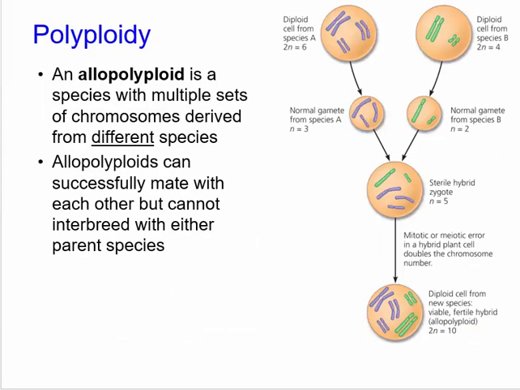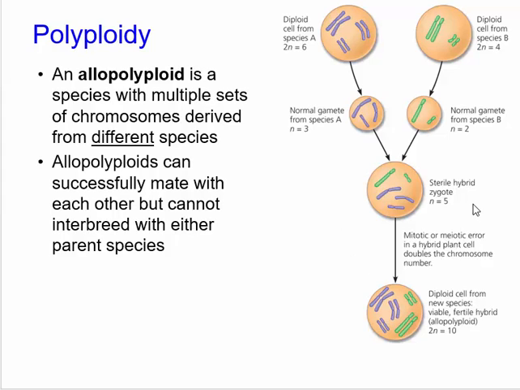Now, another way to get a polyploid is the example here where we have an allopolyploid. Remember, like allopatry, allo means different, right? So you're taking gametes from two different species, those fuse, creating a hybrid organism. As we see in the example here, these gametes come together and you end up with a sterile hybrid zygote.